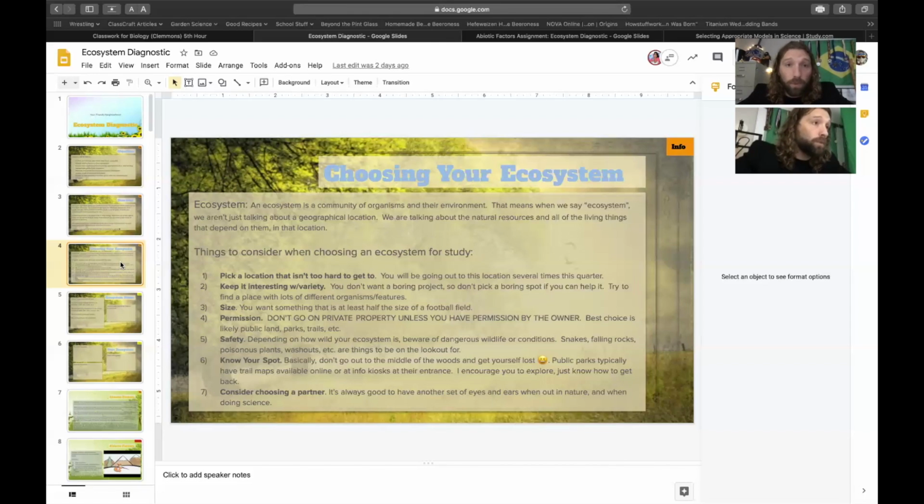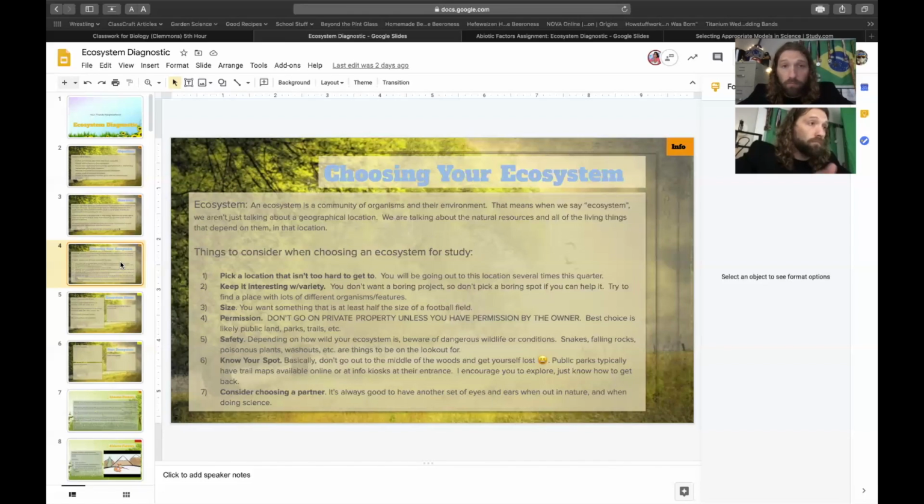It will help you in case you get stuck or you can't remember what you're supposed to be doing, or you are just trying to figure out what this little creature is that you're seeing. It's also a safety thing too, especially if you're going out in the trails on your own. If you get hurt, if you fall down, if you get bit by a poisonous snake, whatever, you'll have additional people there to support you and help you and get you to safety should something happen.